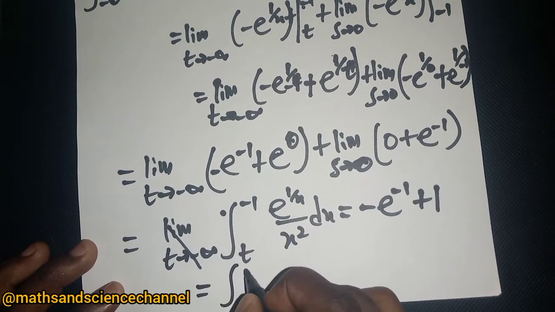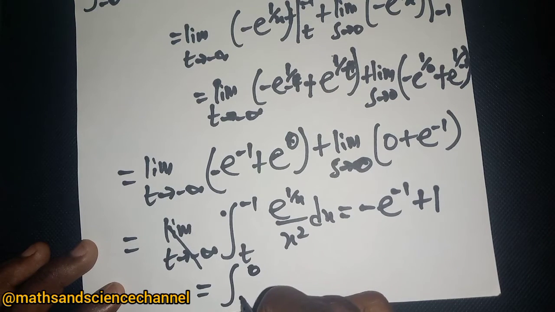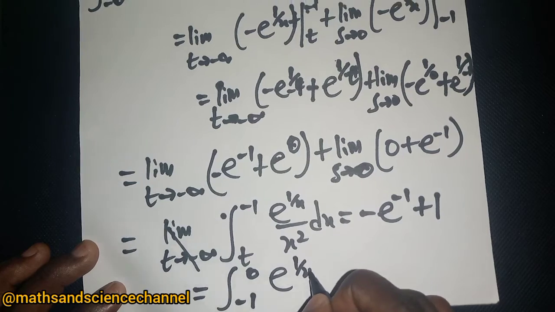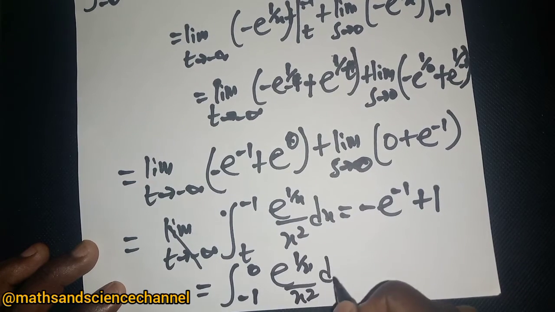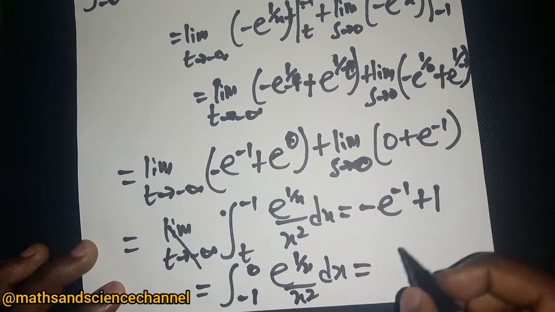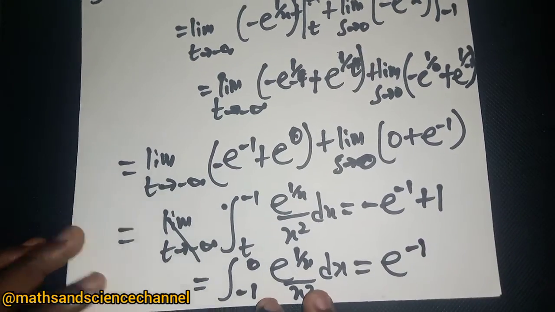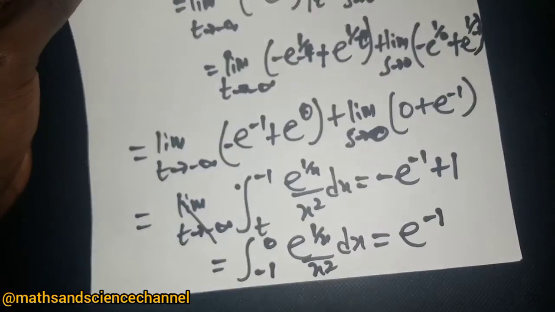Then for the second part, which is the limit from 0 to negative 1, e exponent 1 over x over x squared dx, gives us only negative exponent negative 1. So therefore we can write the general one.